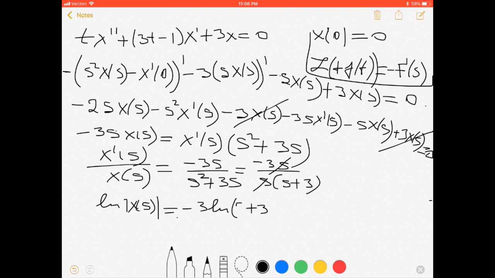You see? S plus 3. And plus some constant, but you remember usually for this kind of situation we write constant like natural log from some number. And here we have x to the s, it will be a over s plus 3 to the cube.